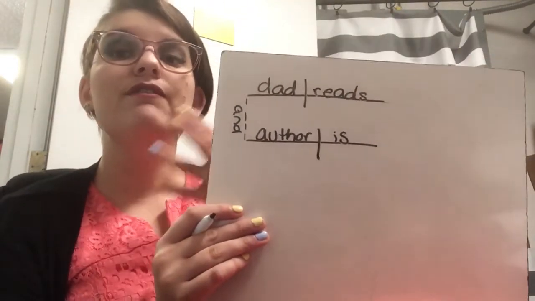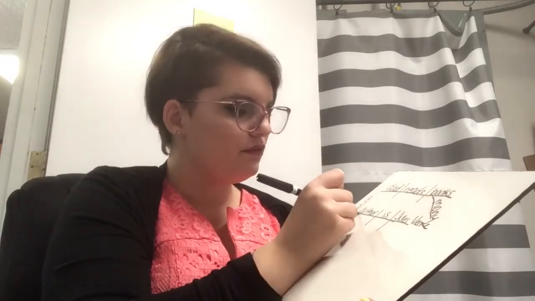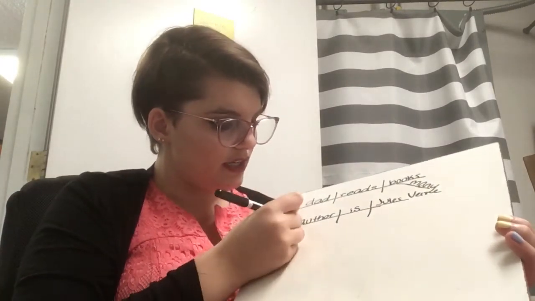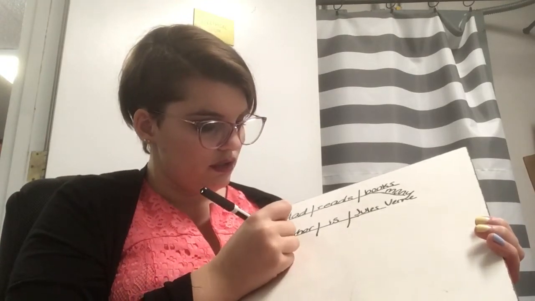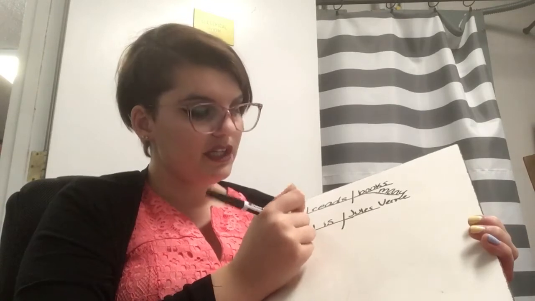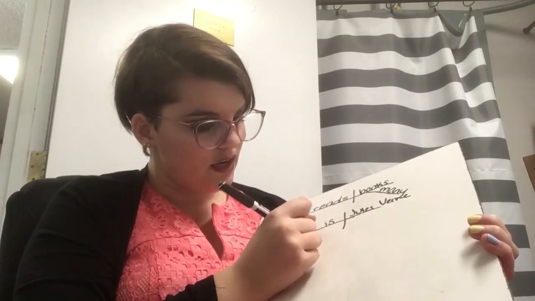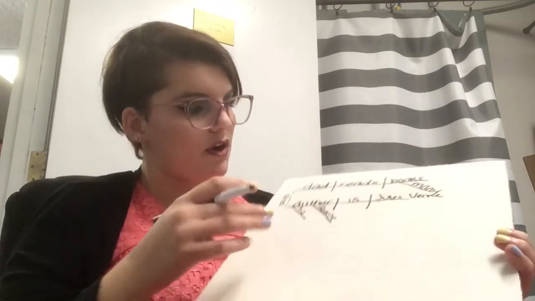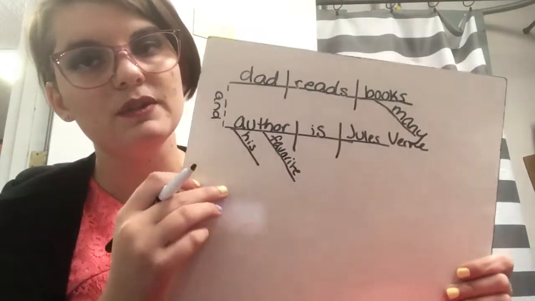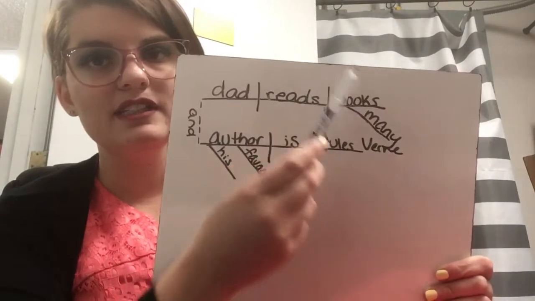Now, I want to show you the full sentence, okay? So Dad reads books. How many books? Many. I know you can't read it right now. And then author is Jules Verne. If you have two describing words, whether it be his or favorite, so it could be a pronoun or an actual adjective, this is what it would look like. Dad reads many books.